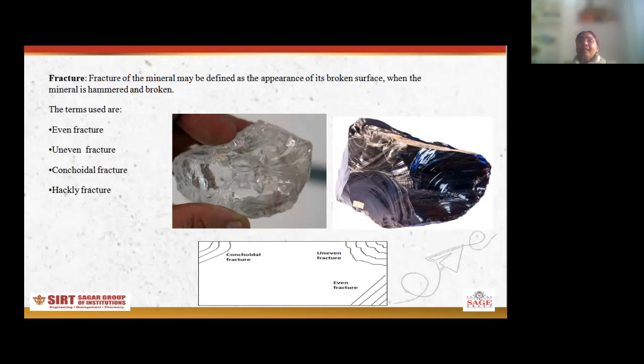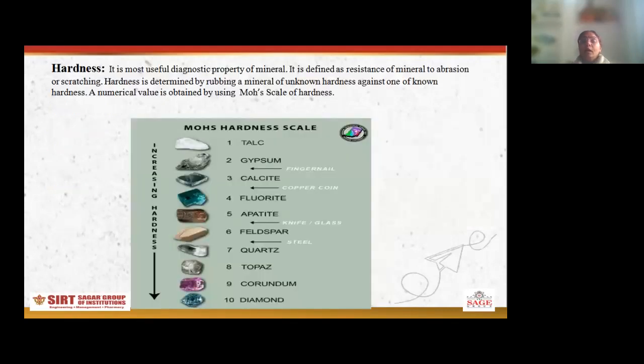Jagged, spiky surfaces are examples of hackly fracture, and cuprite always gives hackly fracture. Now hardness. Hardness is a very important property for a mineral.